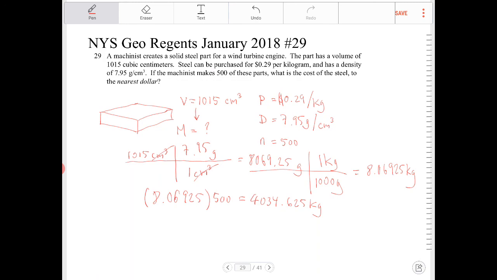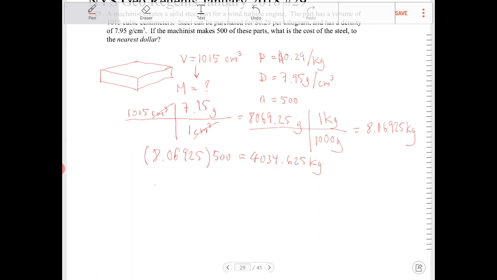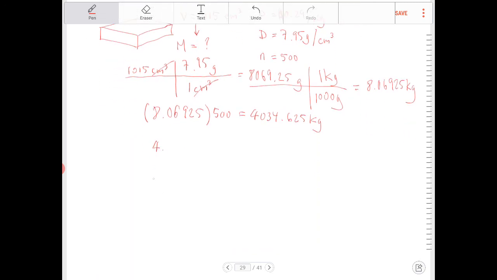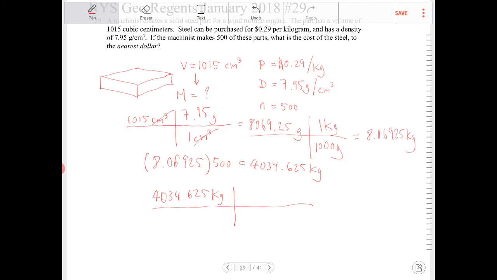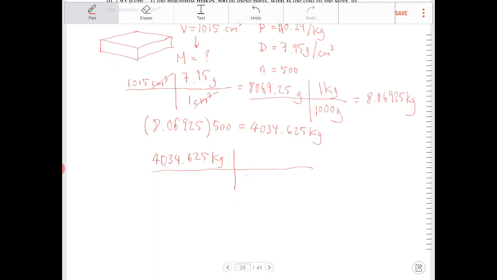So now, in our last step, we're going to figure out the price. Since I have 4,034.625 kilograms worth of steel, and per kilogram, it's 29 cents, so 1 kilogram is 29 cents. Again, I want the kilograms to cancel, so that's why the kilogram should be in the denominator there.